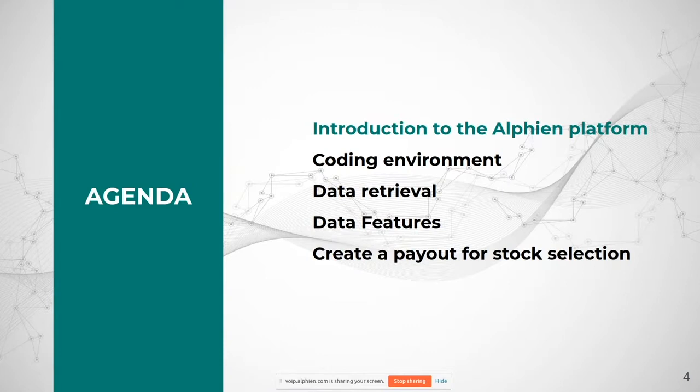Then we will move on to how we retrieve data for this competition, and how we use the data features function to subset the data and have nice visuals around it. Lastly, we will talk about how we create a payout for stock selection, and this is mostly going to be about giving you some hints and ideas about how to structure this, but we won't be doing any code during that section. So let's get started with the introduction.